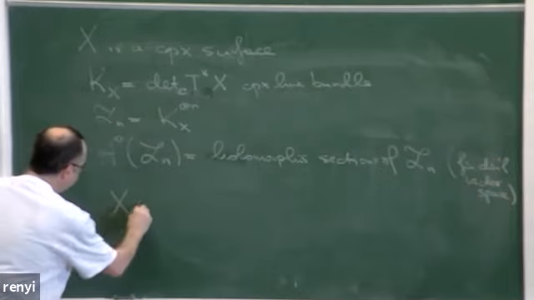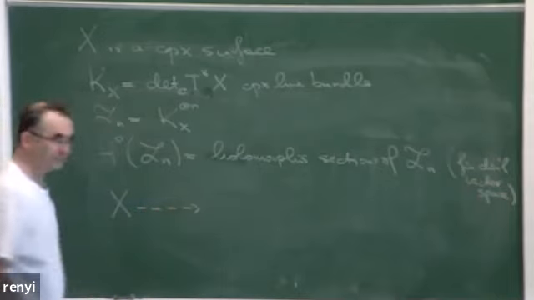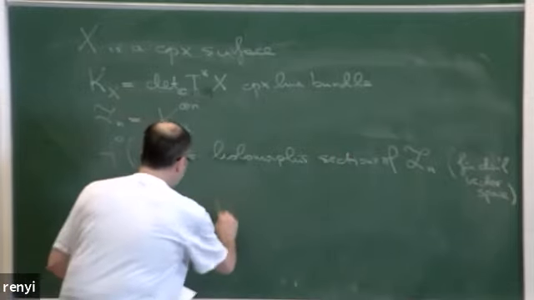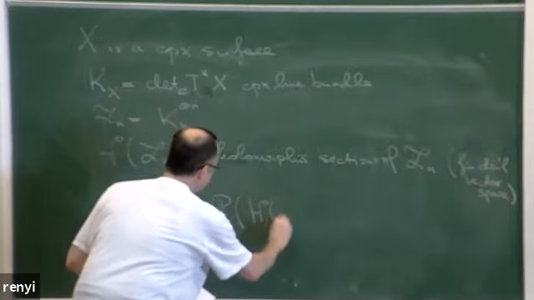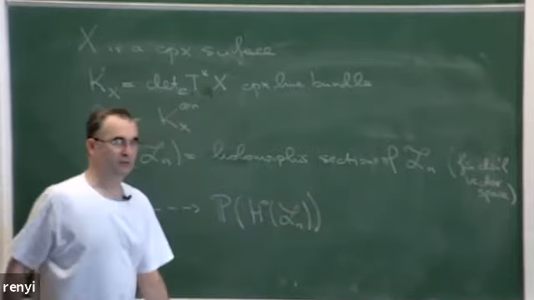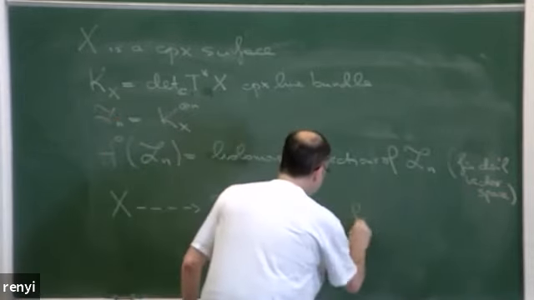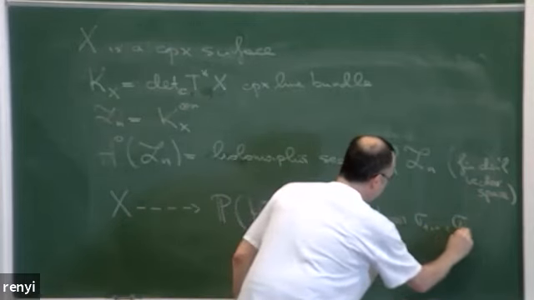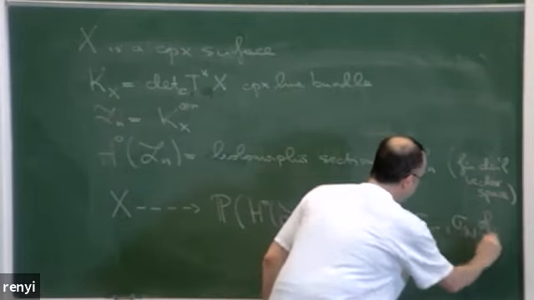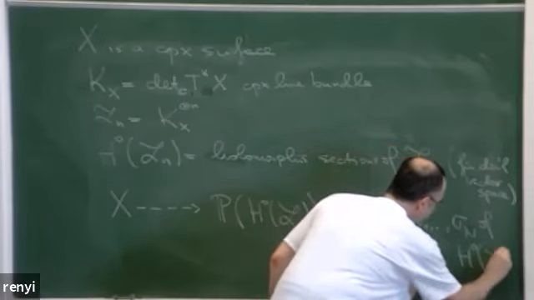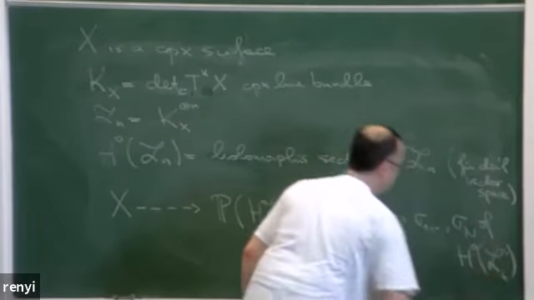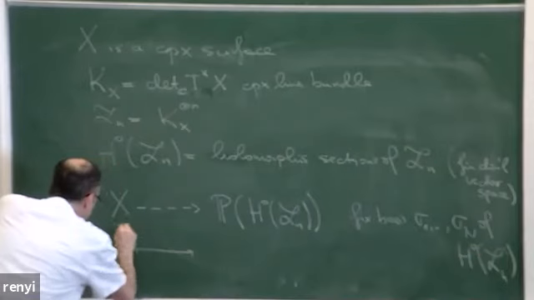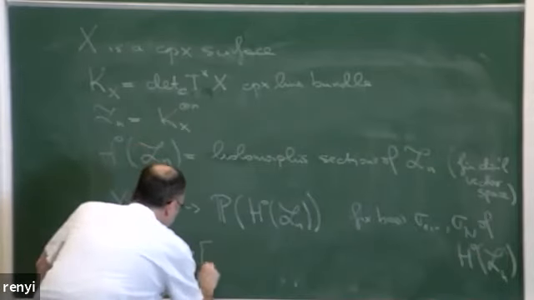We define a map from X, which might not be defined everywhere, into the projectivization of this space by the following recipe. So fix a basis sigma_1 up to sigma_n of this space of sections, and then send x, a point from my complex surface, to the tuple of their values.